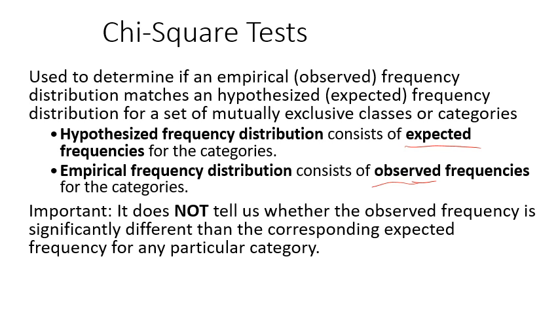An important note here, and this is something that'll actually come back up when we're talking about ANOVA in a couple weeks, is chi-square does not tell us whether the observed frequency is different from the expected frequency for any particular category. Let's say we collect Ford, Chevy, and Toyota, and we get a significant chi-square. And we're hypothesizing that they're going to be distributed in a certain way.